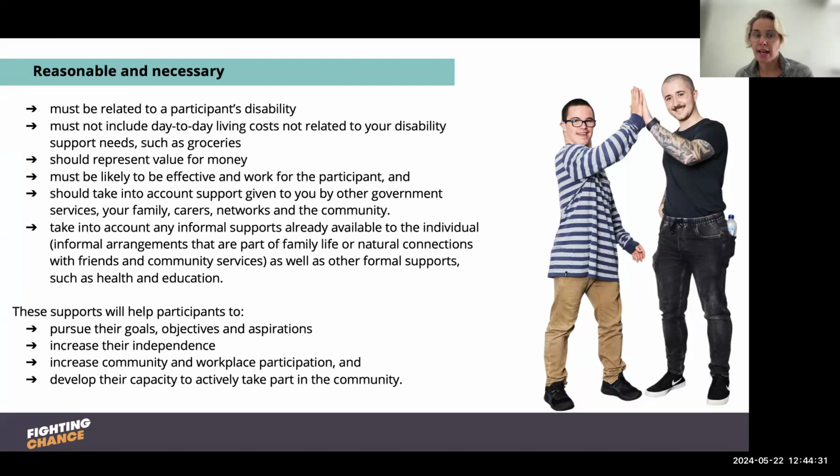The reason for that is that they see the level of parental responsibility and they're assessing that. The argument there is that if you can show that a typically developing person the same age as the participant, without the disability, requires A, B, and C from their parent, and I'm providing A, B, C, D, E, F, G to the participant due to the functional impact of their disability, then you can separate what is reasonable to expect from informal supports and what is beyond that, and that is due to the disability they've met access for, and therefore you've got a stronger argument to fight for something like support workers.